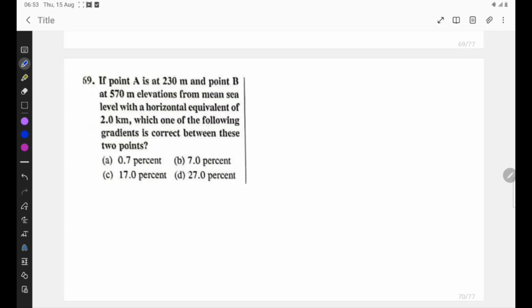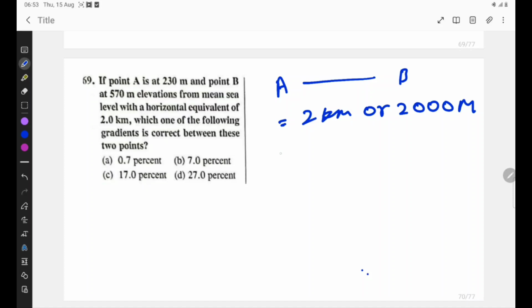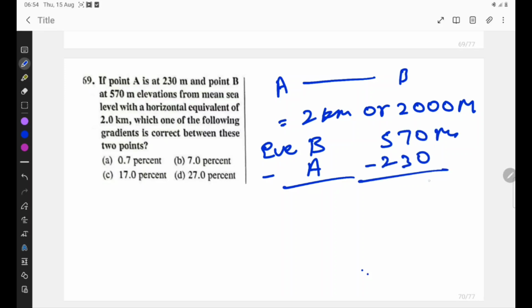So for calculating the gradient here, the horizontal distance between A and B is 2 kilometers or 2000 meters, and elevation of B minus elevation of A is equal to 570 meters minus 230, so it becomes 340 meters.